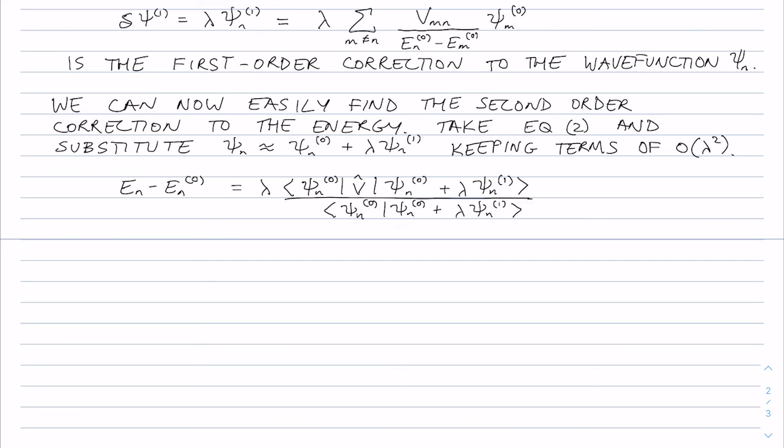En minus En naught on the left-hand side, we're going to expand that out, and that just leaves us with the first order and second order corrections. So let's write that.